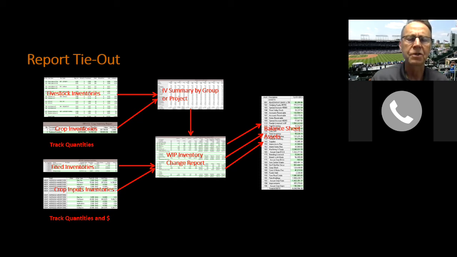This rolls up by project, shows the changes, shows the quantity, it shows the total dollars, the unit price, the changes due to that, and then each one of these lines will roll up into the balance sheet for crop inventories, livestock inventories, crop input inventories, feed inventories, etc. So there'd be a tie out, and part of the closing process is making sure that everything ties out, beginning with the raw quantities and then rolling up to the balance sheet.